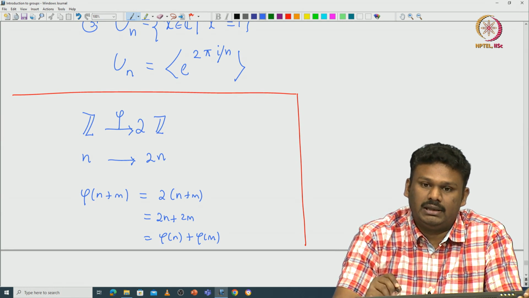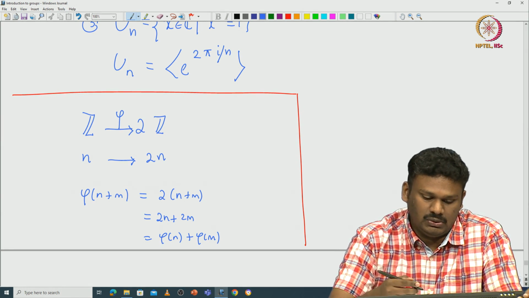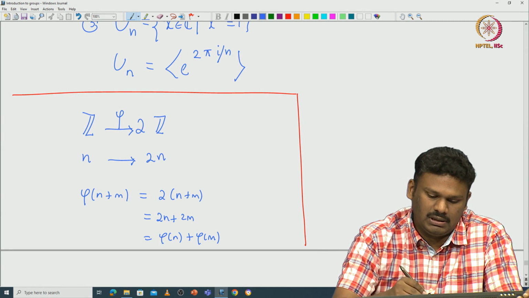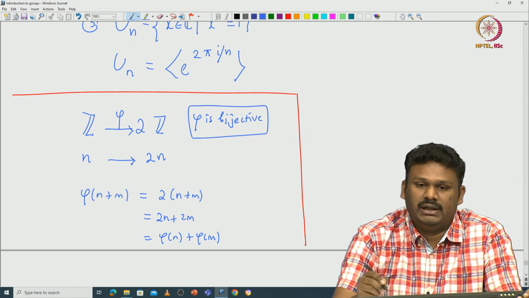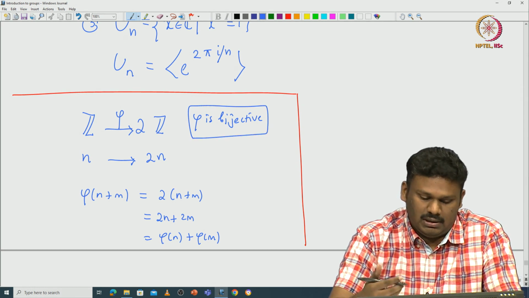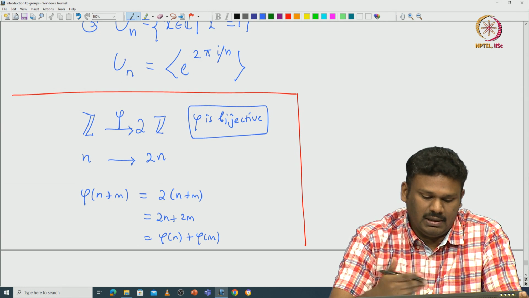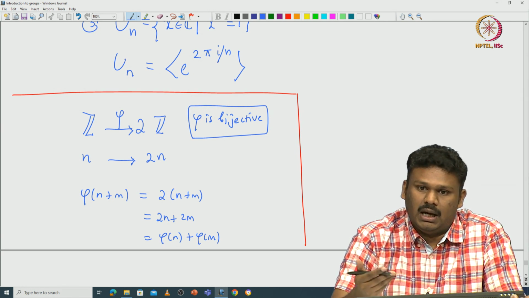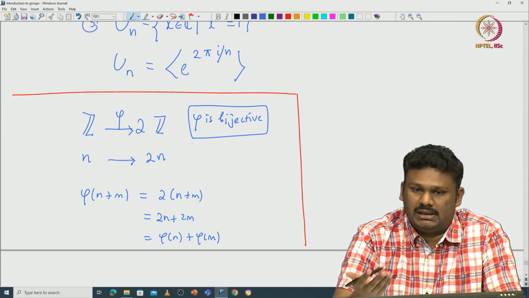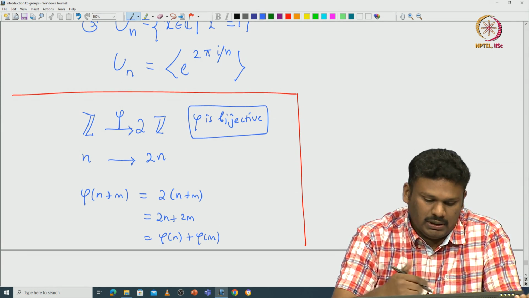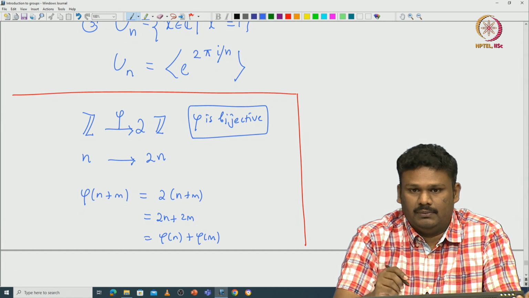And not only that, this phi is easily seen to be a bijective map. Okay. This phi is a bijective map. So, in this case, we are actually okay to say that Z and 2Z as groups are not indeed different, they are the same. Okay. So, that is what we call an isomorphism between groups.